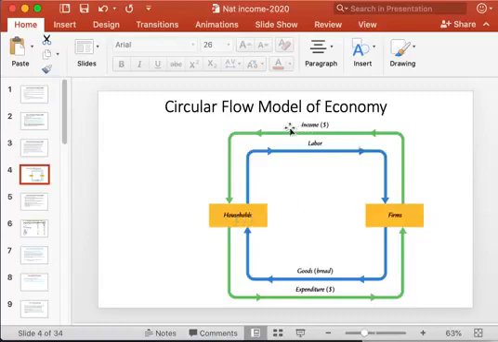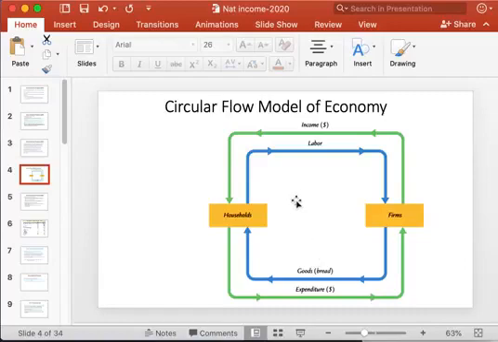So income here for the household may be in the form of wages and profit. So the income here will be equal to the wages earned by people contributing labor and the owners of the firms who are getting profit by providing their services to produce the goods, which is the bread here in this example.